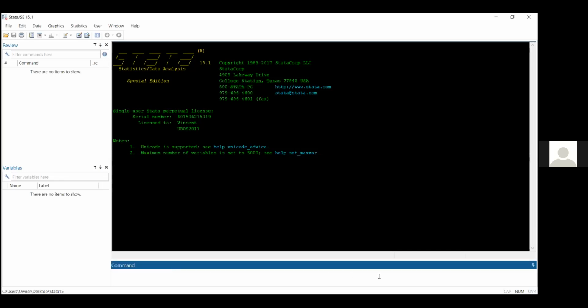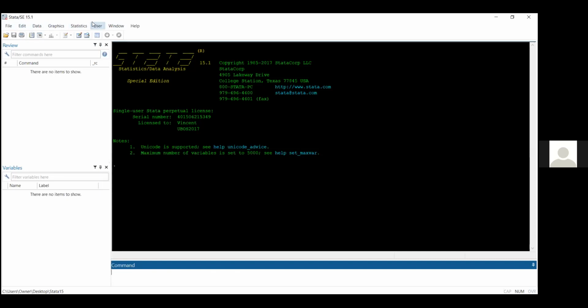Now, there is a window down here which is the command window. Stata has 2 options. If you don't want to go through the menu to find whatever you want, you can issue commands down here, statements, and it does what you ask.